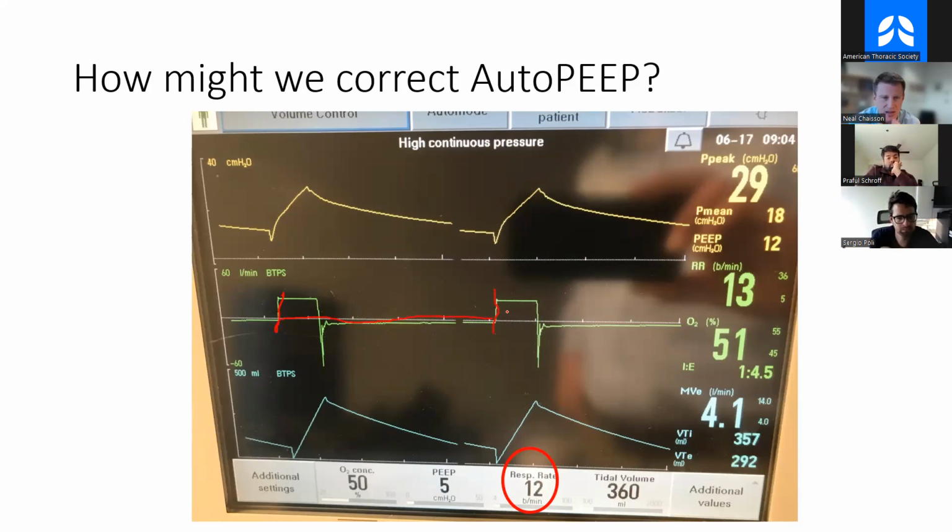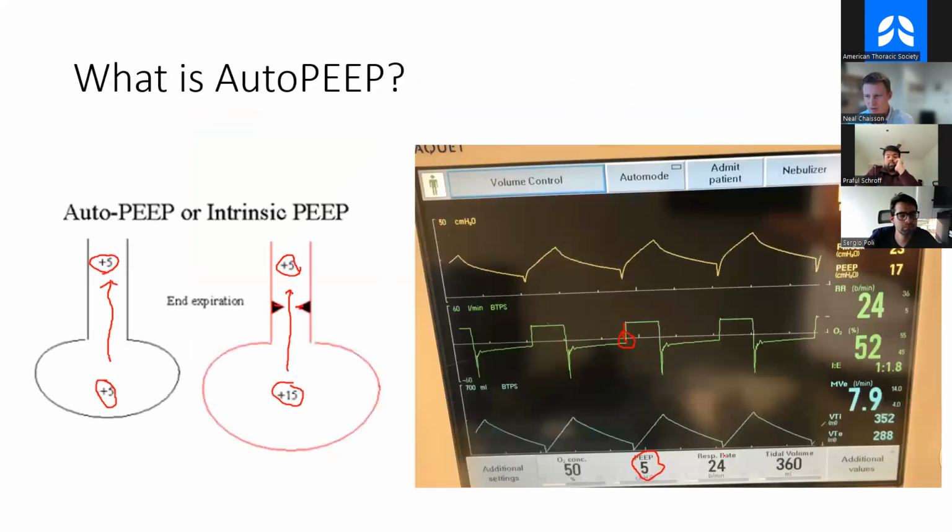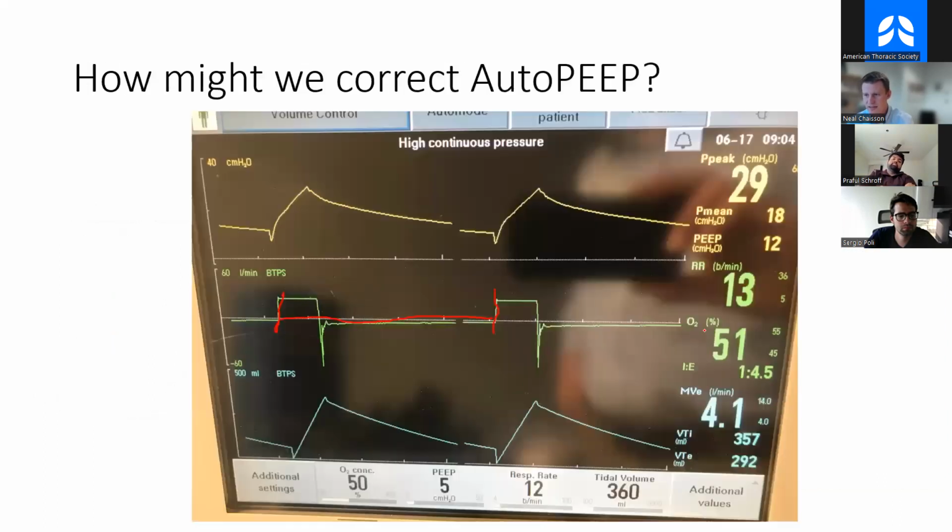So even if I paralyze the patient, if I give them 12 breaths a minute, I'm going to have a maximum of 5 seconds between breaths. At 24 breaths, we had a little less than 3 seconds between breaths. That's what we originally started on back here. Remember, 24, okay? So you can see the time between the beginning of one breath and the beginning of the next breath is pretty short compared to this time.